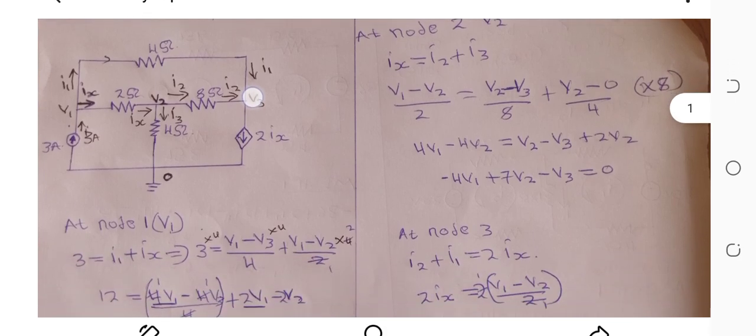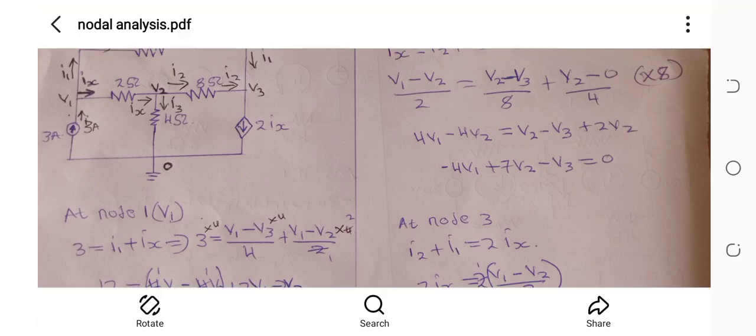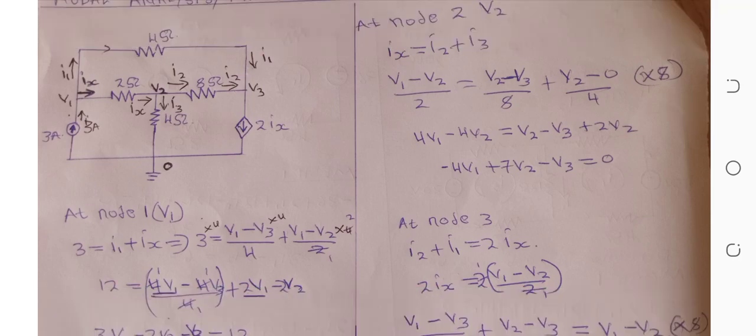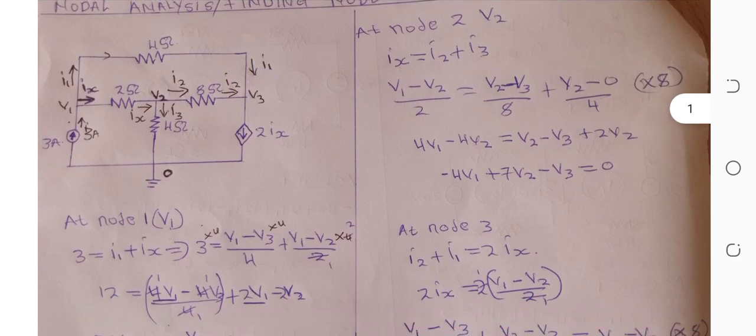So at node 3, we have current I1 getting in, I2 getting in, and this current source is a dependent source. It means that it depends on Ix, or the other currents in the circuit. So it is 2Ix.